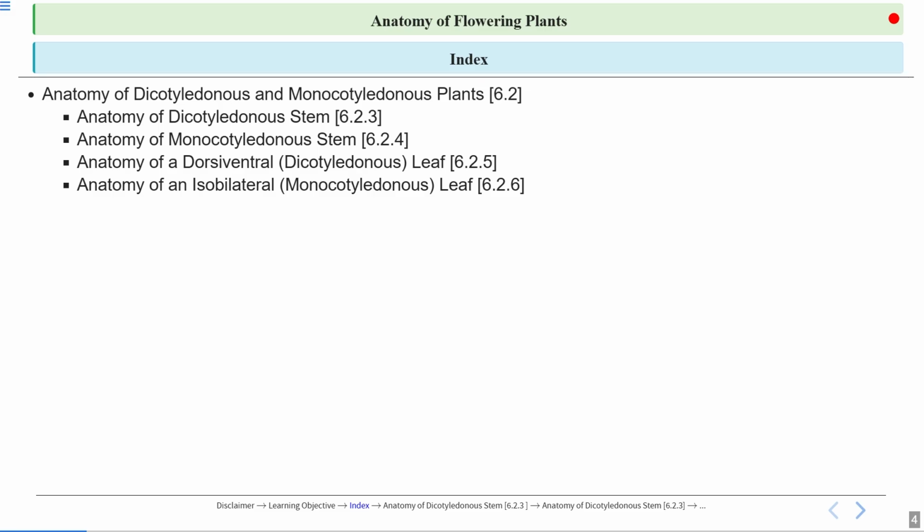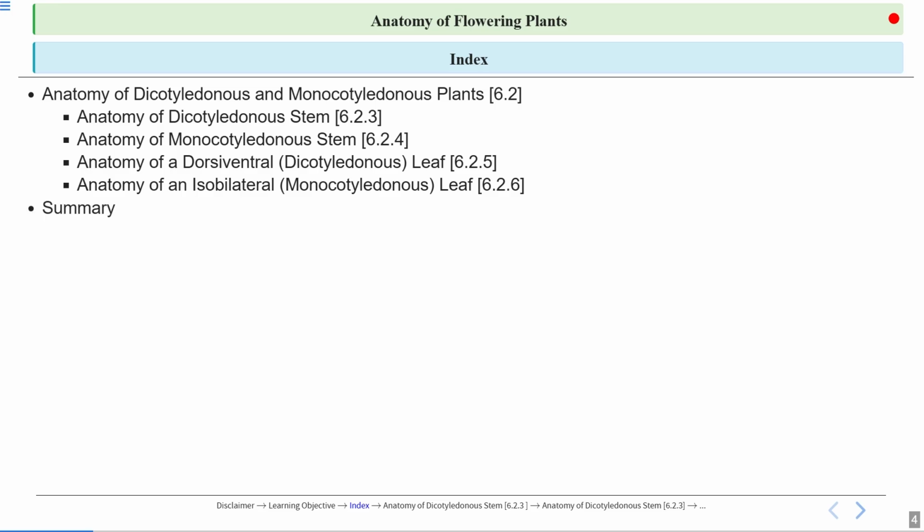Then there will be anatomy of monocotyledonous stem, that will be section 6.2.4 of NCERT. Anatomy of dorsiventral dicotyledonous leaf, that will be section 6.2.5 of NCERT. And the last, anatomy of isobilateral monocotyledonous leaf, that will be section 6.2.6 of NCERT.